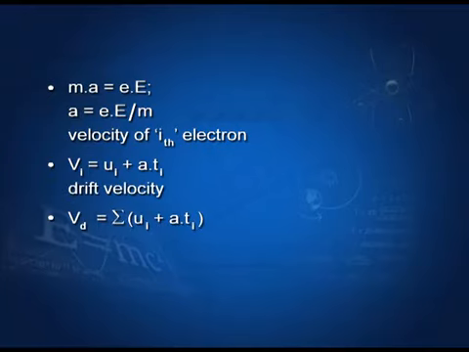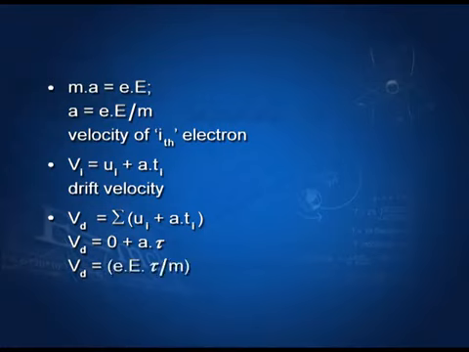So drift velocity Vd equals summation of ui, which is 0, plus a into tau. Here tau is the relaxation time. Substituting the value of acceleration a, we get Vd equals eE tau divided by m.